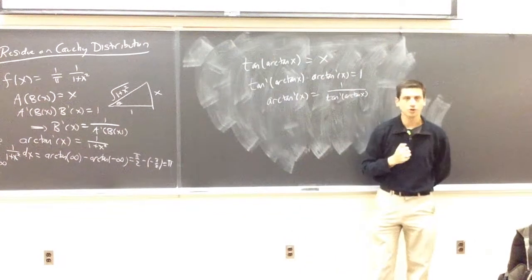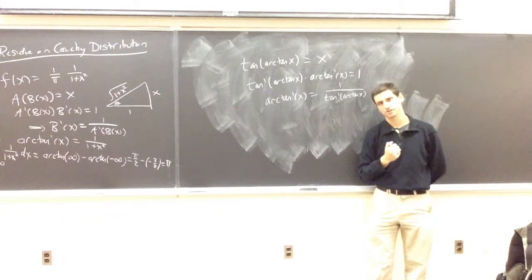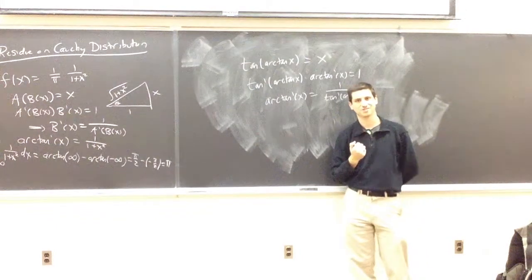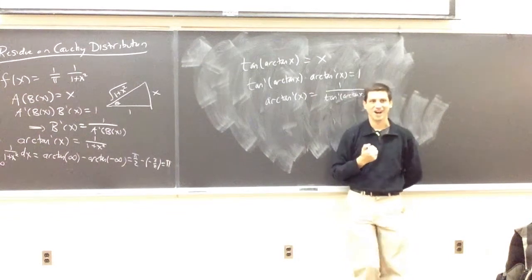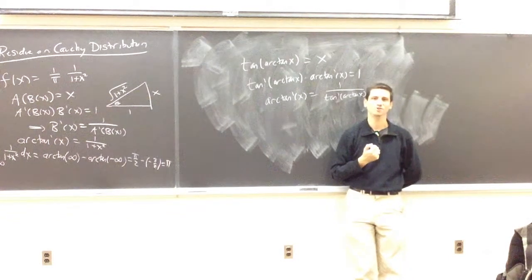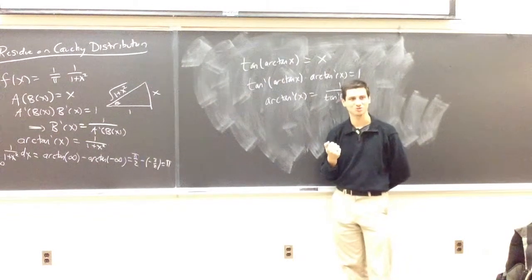Now we have to recall, what is the derivative of tangent? How do you calculate the derivative of tangent? You know it. You recall it as secant squared. How do you calculate the derivative of tangent? Sine over cosine. Sine over cosine, use the quotient rule, right?